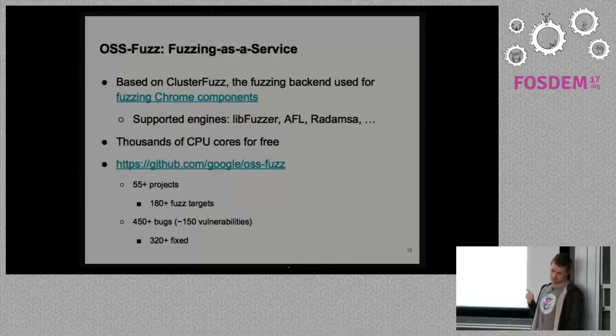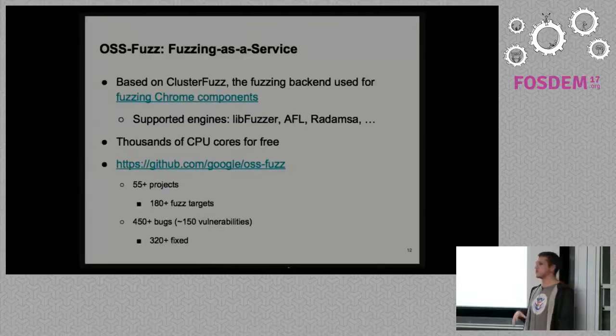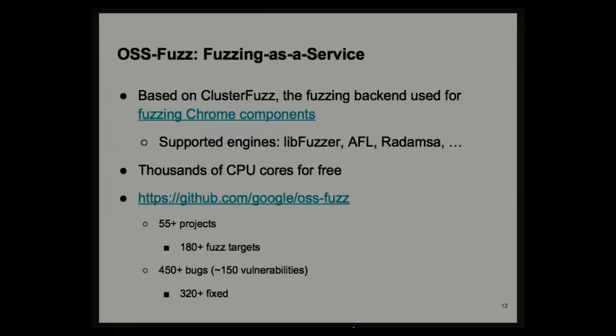Now, about OSS-Fuzz. As I said, I'm from the Google Chrome team, and we have been doing fuzzing for maybe the previous six years already, and we have a large infrastructure of about 15,000 CPU cores to run fuzzers, to deduplicate crashes, to check fixes, and so on.